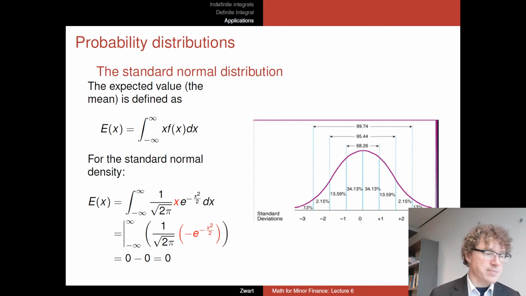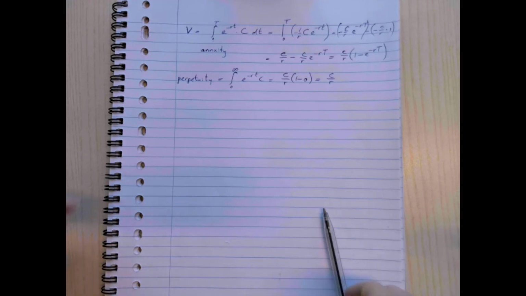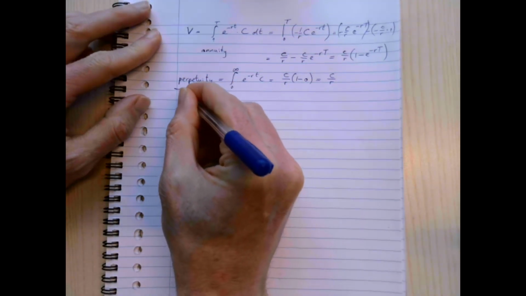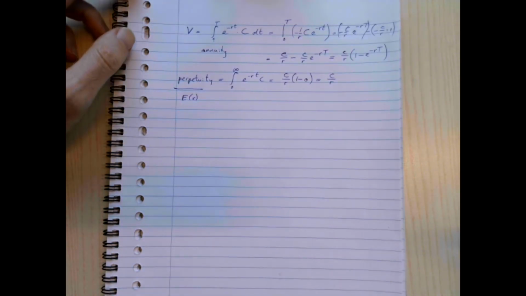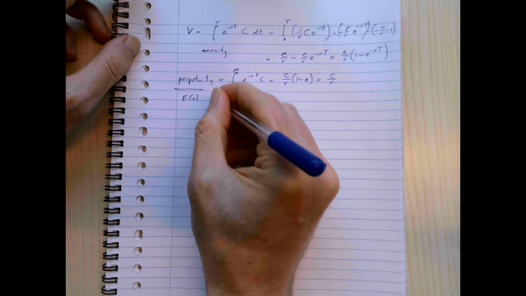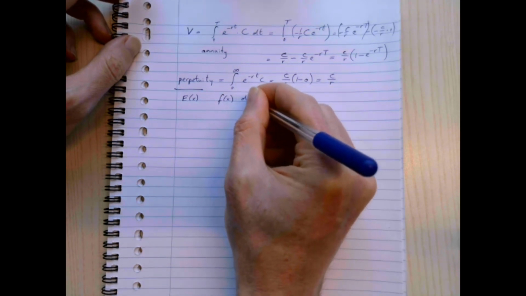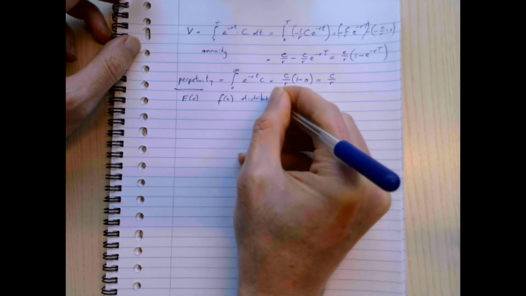So let me do that on paper again. So I mention the expected value of some variable x, which is distributed according to some distribution density.